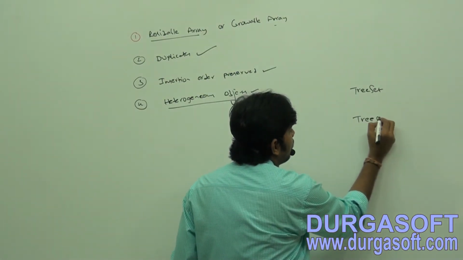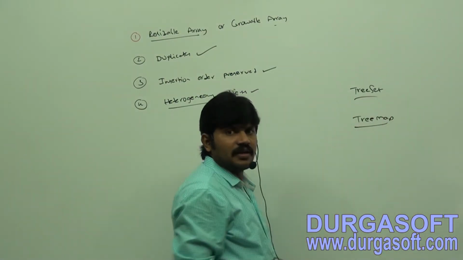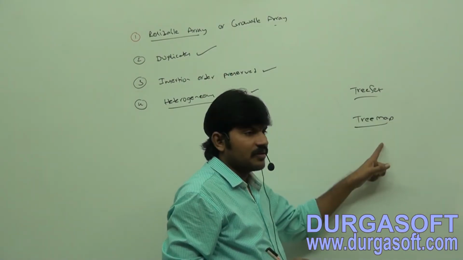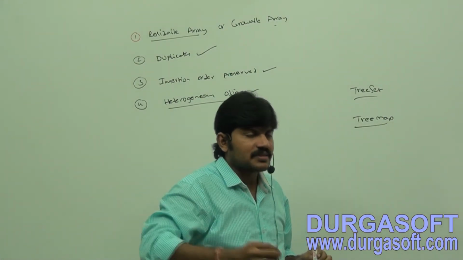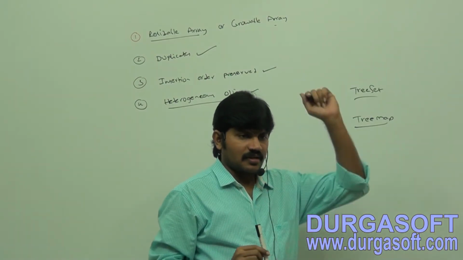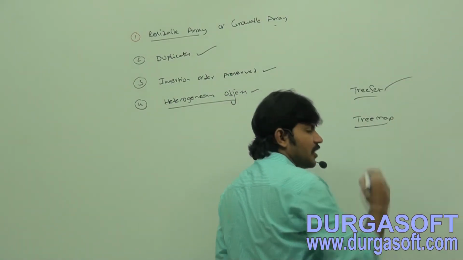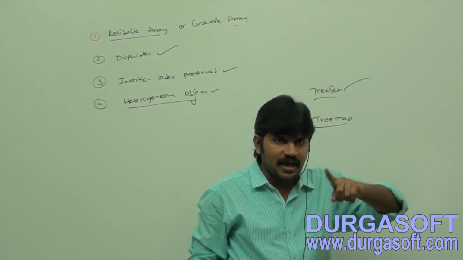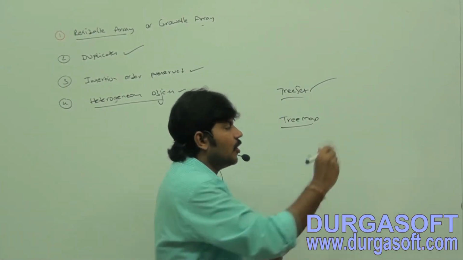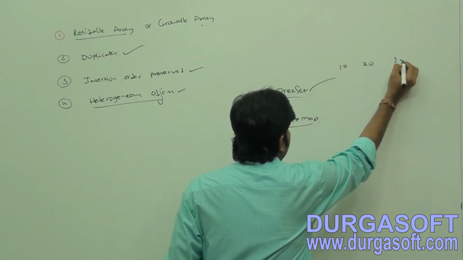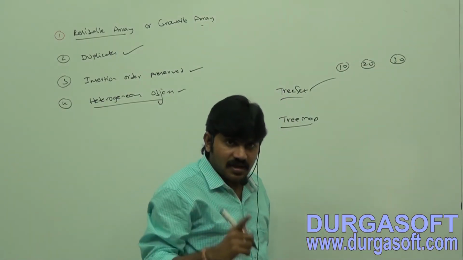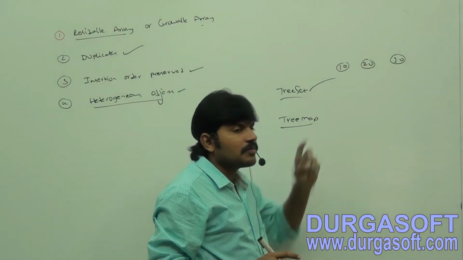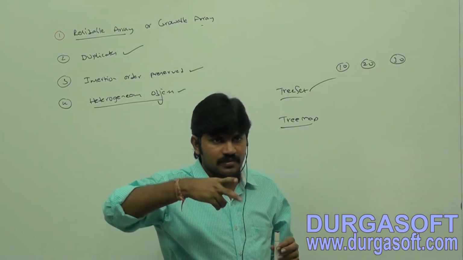Second one, TreeMap. Why are heterogeneous objects not allowed here? Because in TreeSet, all objects should be inserted according to some sorting order, which means comparison must be required. Because first 10, second 20, third 30 requires some comparison, and comparison requires these objects to be the same type.